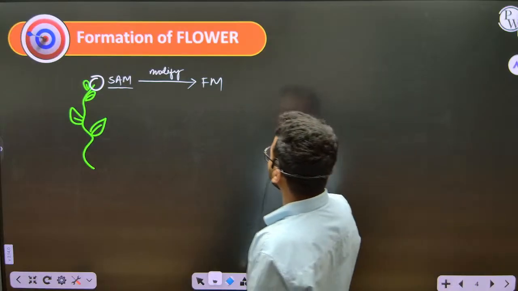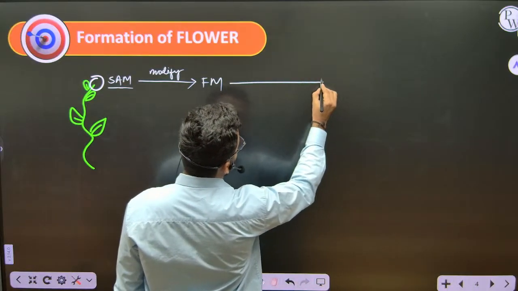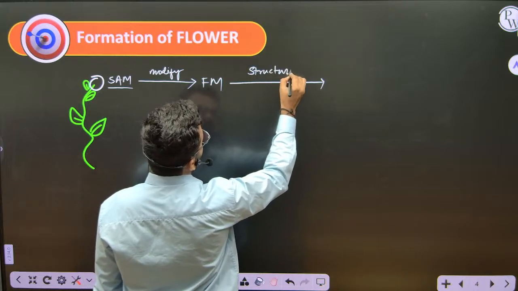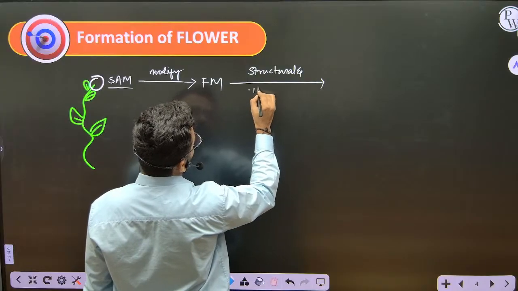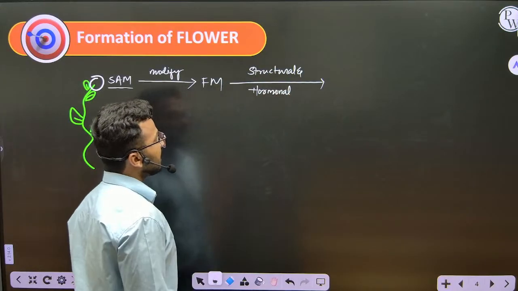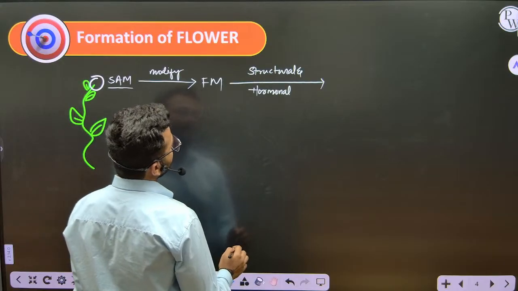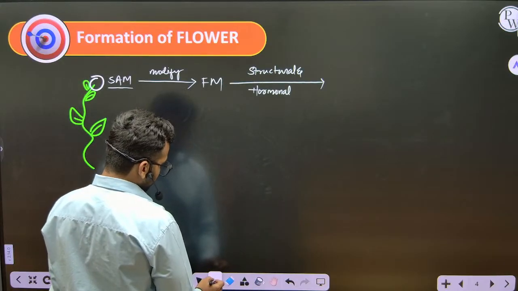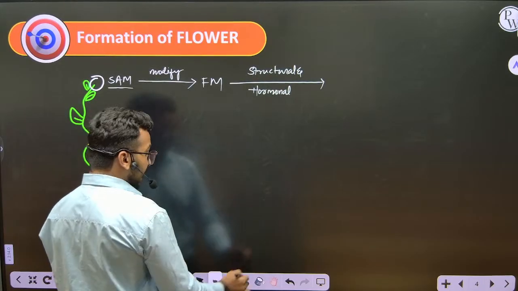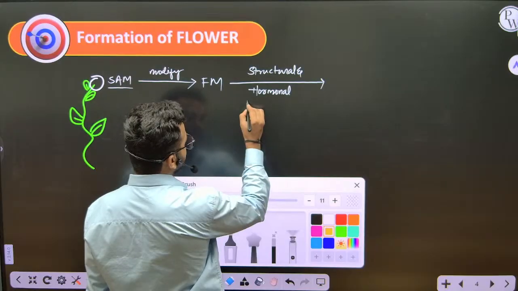So this floral meristem will undergo structural and hormonal changes. Structural and hormonal changes will be taking place, and it shows differentiation there.